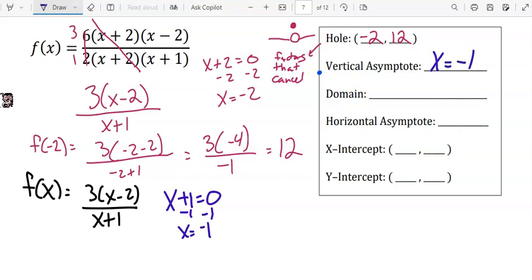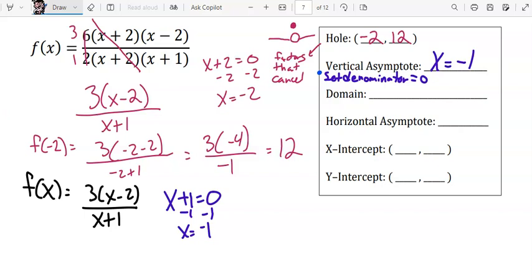So for this one, you set the denominator equal to 0. And you need to do that after you cancel out the holes. And we'll use the vertical asymptote to find the domain.